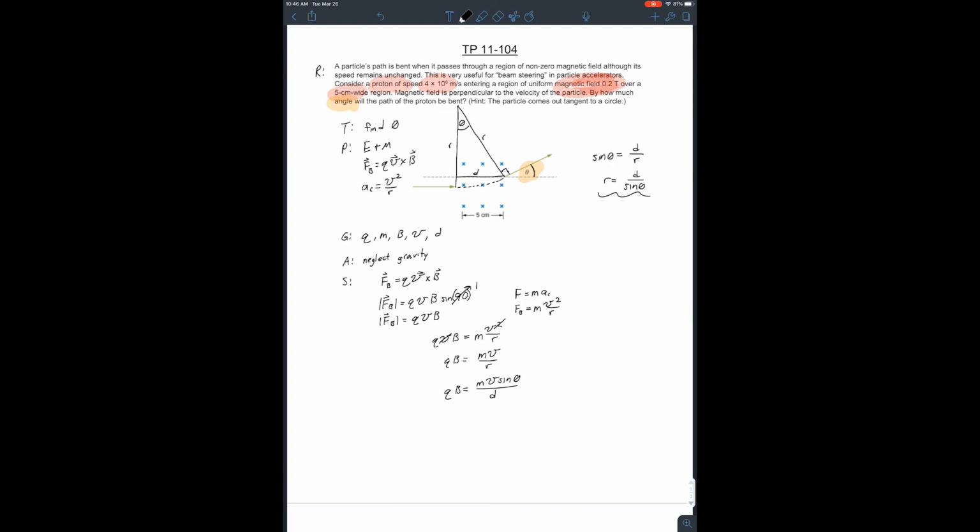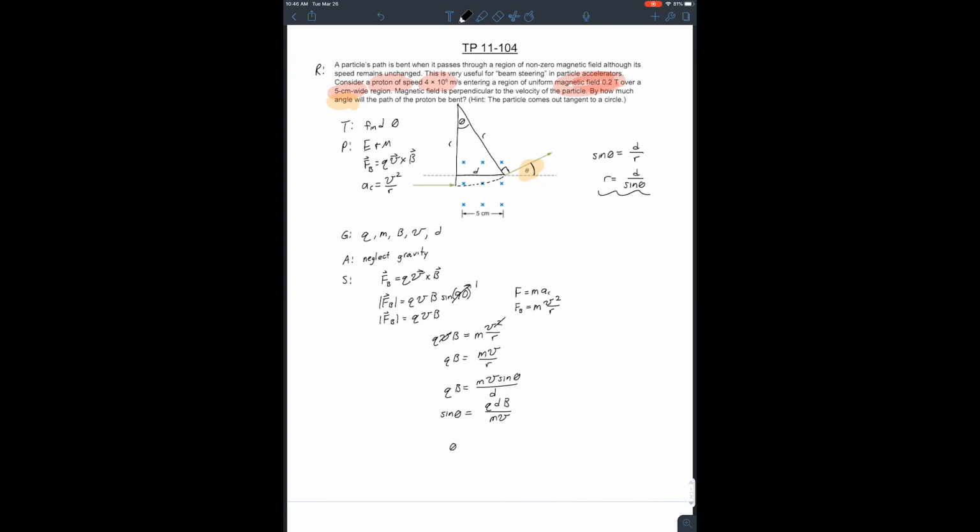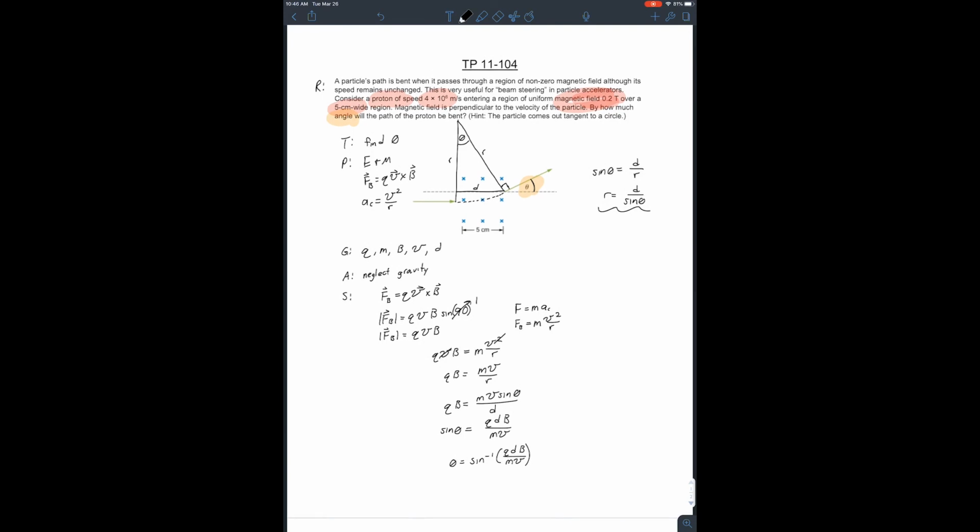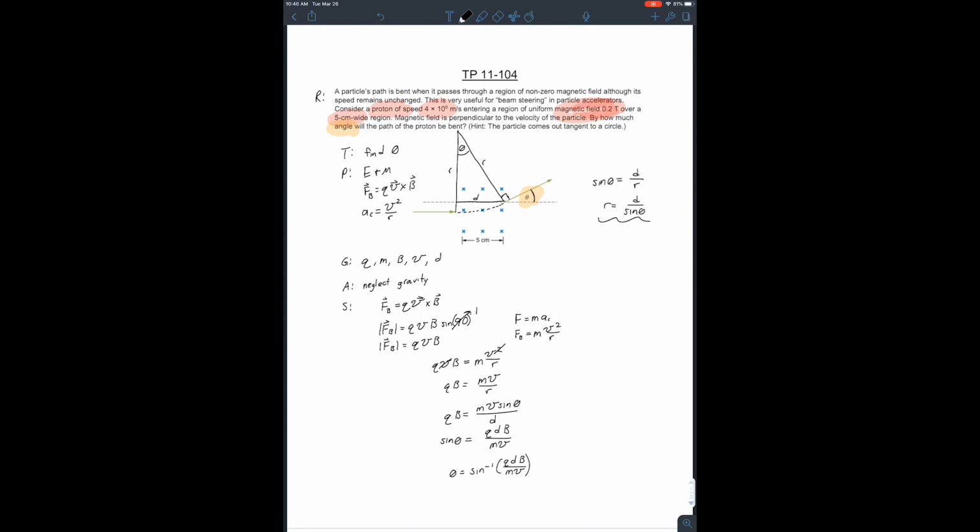Now all I need to do is isolate theta. And I get my algebraic solution. Once I put my numbers into the calculator, I'm going to find that my angle is equal to 13.9 degrees. But I only have one significant figure in this problem, so that's going to reduce down to 10 degrees.